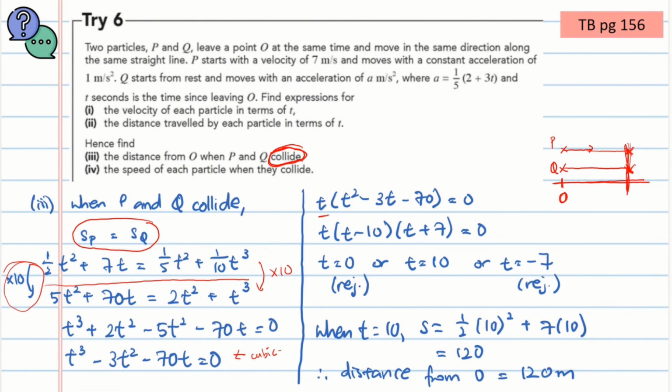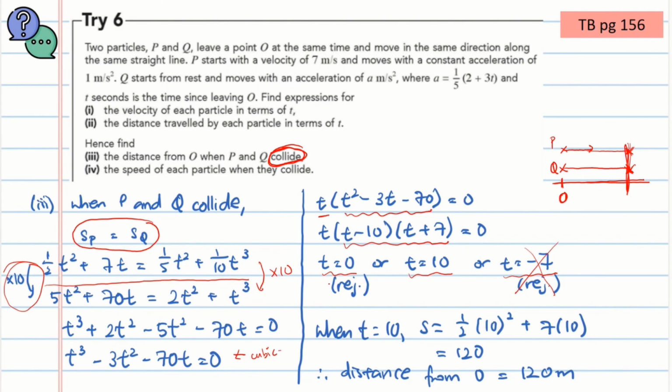So I factorized out the common factor of t. Then I'm left with something quadratic. This quadratic one can be factorized. So my time values will be t equals 0, t equals 10, or t equals -7. Time can't be negative, so therefore I rejected this.